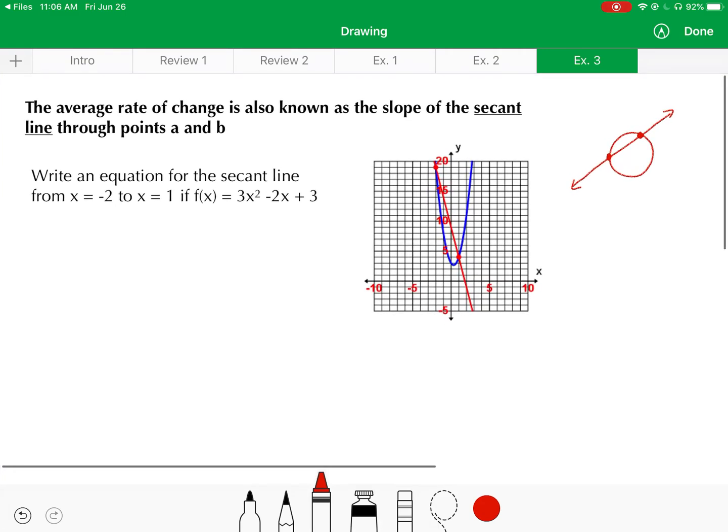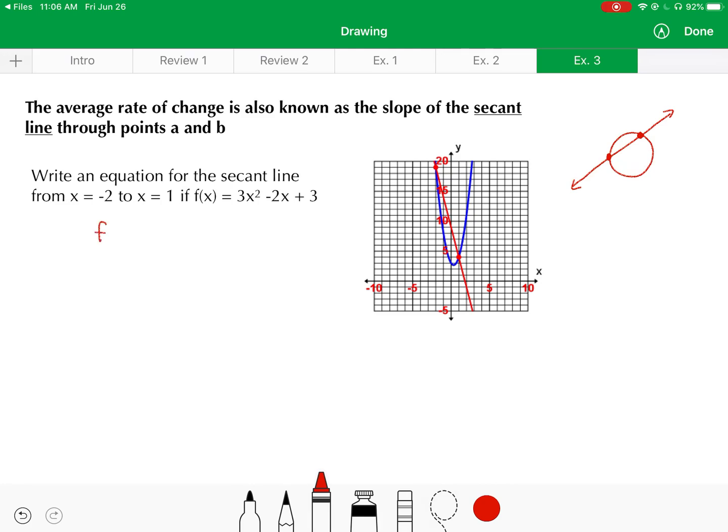All right, so first thing we're going to need to do, notice we have the equation for the function or the parabola here, f of x equals 3x squared minus 2x plus 3. We're going to need to evaluate that at the two x values that we are drawing the secant line through.